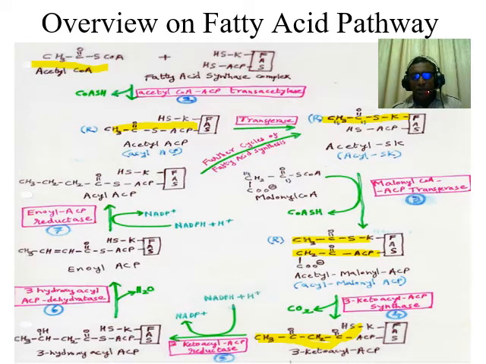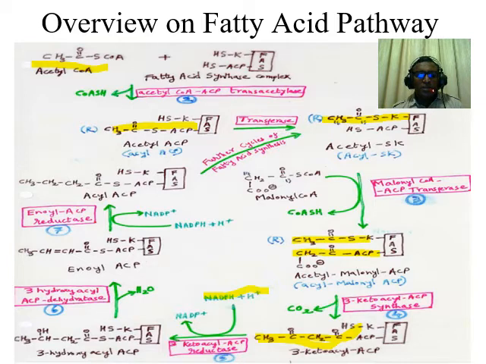But before it can react, the malonyl CoA will lose a carbon by forming carbon dioxide. This 3-ketoacyl ACP does not have the shape of the fatty acid yet because of the ketone group. So in order to modify the ketone group, three further steps will take place, and that requires NADPH.